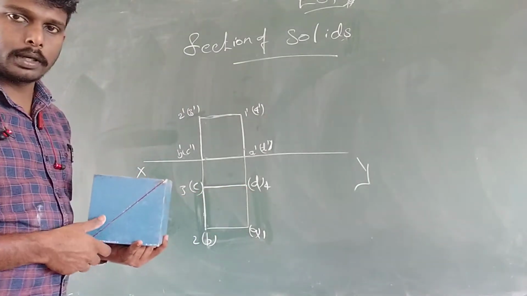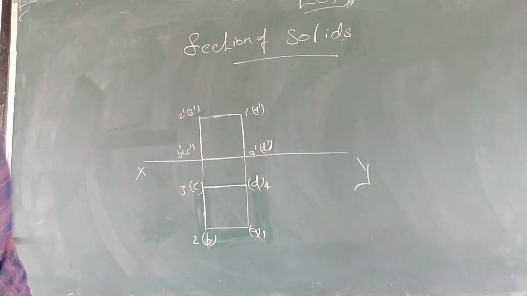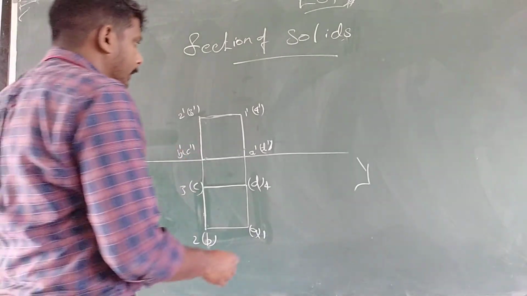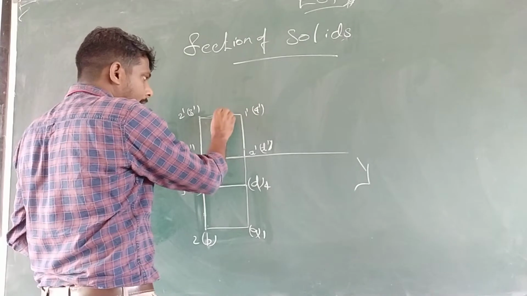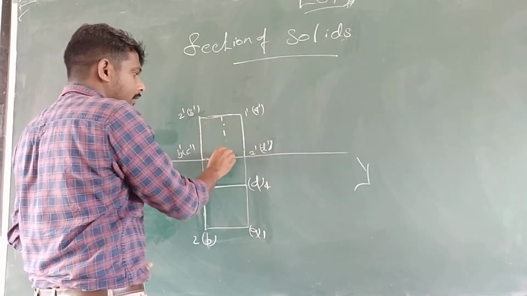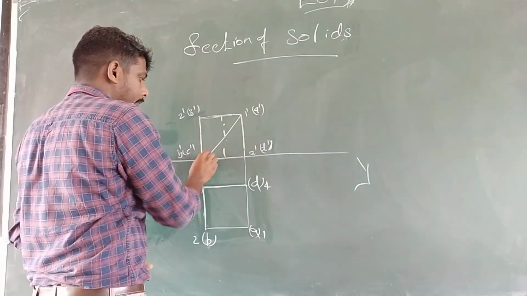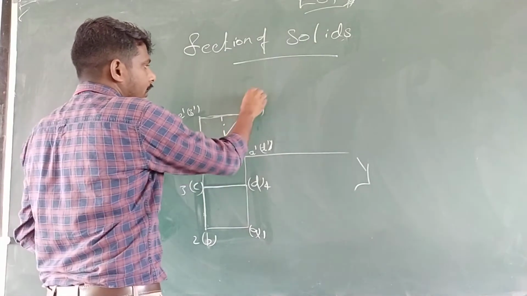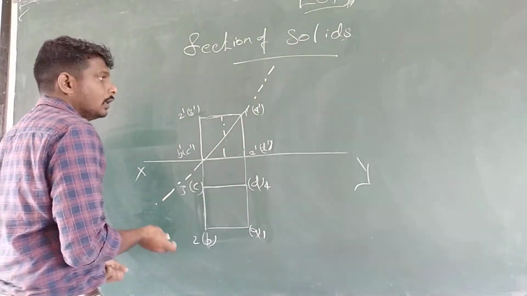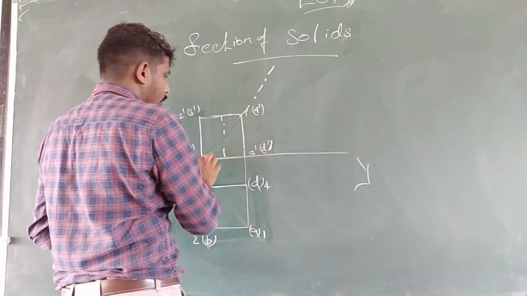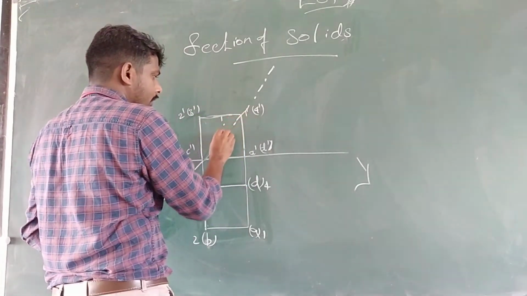Now we can draw the sectional plane which is perpendicular to VP, inclined to HP and bisecting the axis. This is the axis. Like this, it is 45-degree inclined. The section plane is shown in chain line.